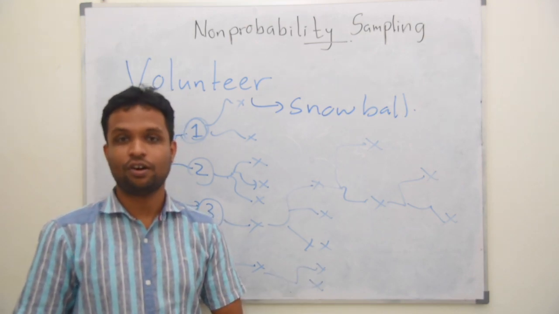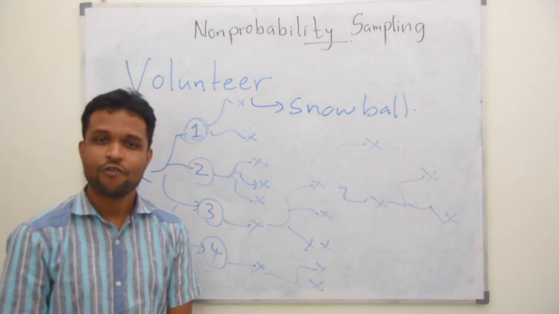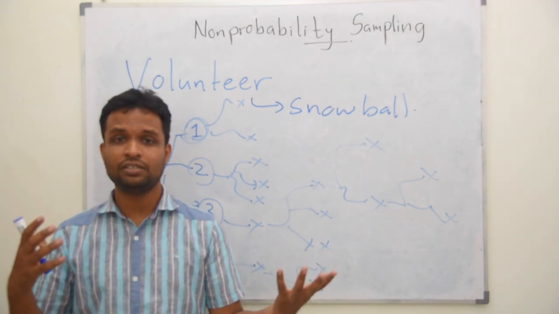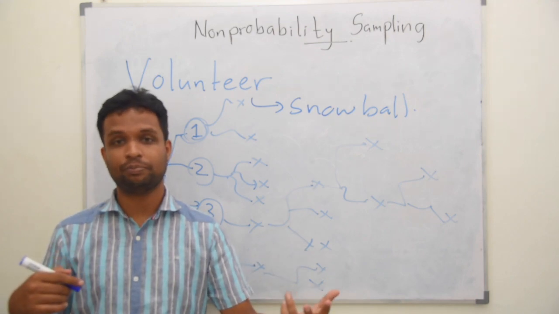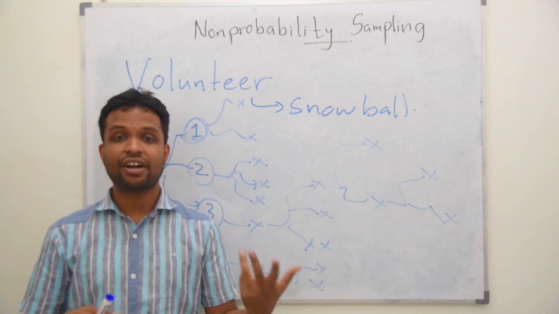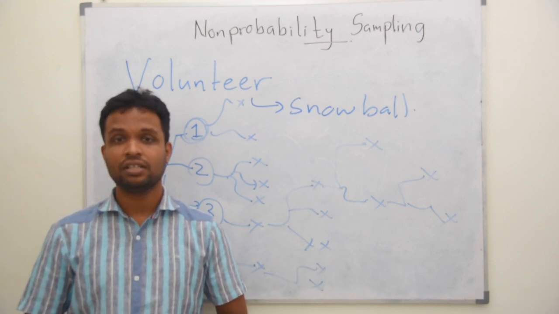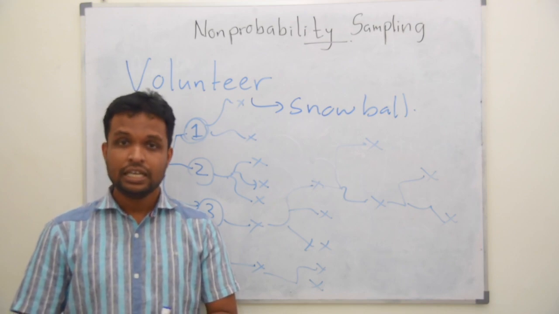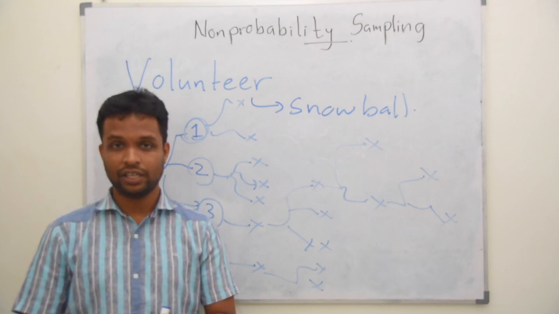That is what is called the snowball sampling technique, which we generally apply when we don't know the population and it's difficult to get the people in the population. If you do not know about the drug addicts in your society, you can easily apply the snowball sampling technique. But again, it is difficult to generalize the findings.